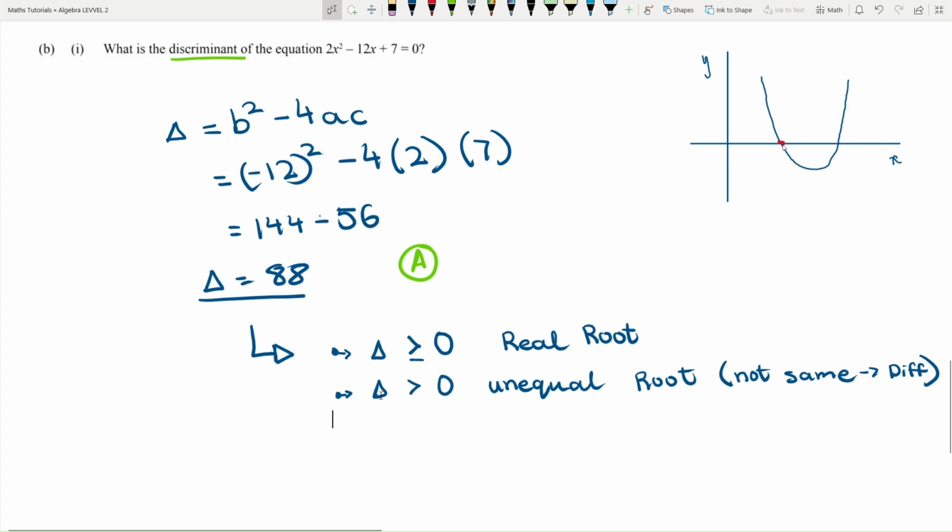And when delta is just bigger than 0, not equal to 0, like 1, 2, 3, 4, like 88 right now, it is an unequal root. So when it touches the x-axis, the two intercepts are not the same. They're different intercepts. That is the nature of the roots. If they ask you, this is what you give them. But they didn't ask in this question, so you don't have to give it to them. So achieved is just this bit.